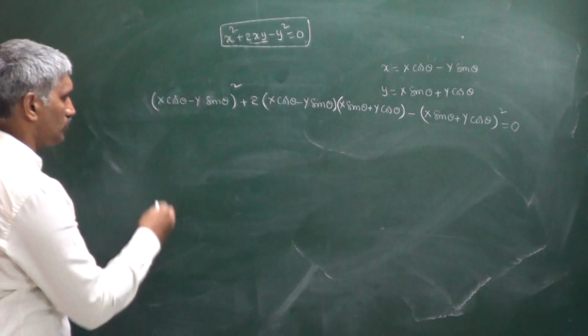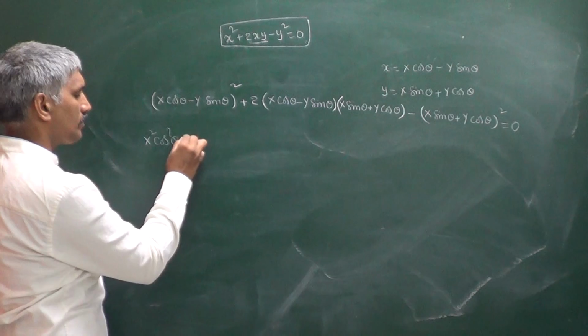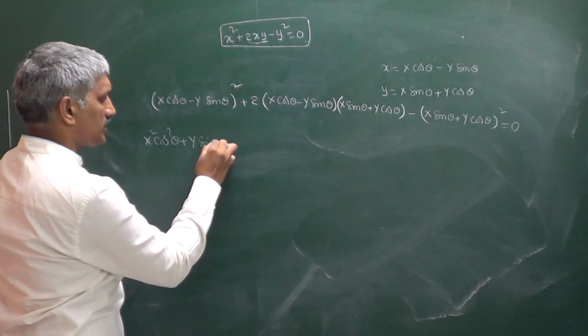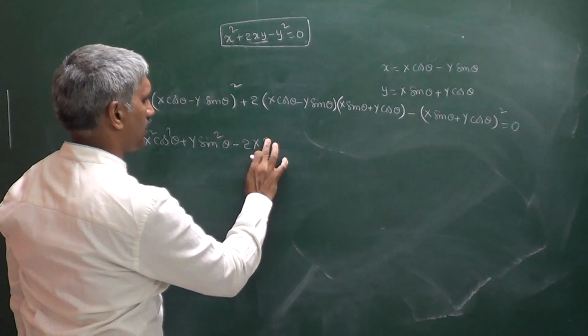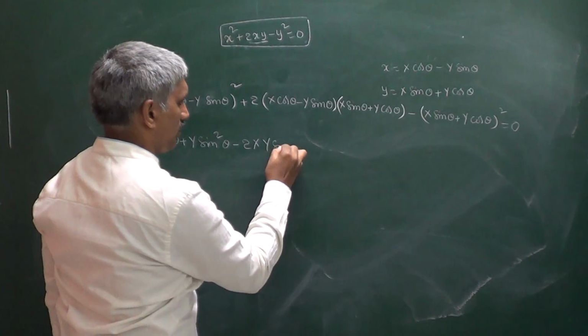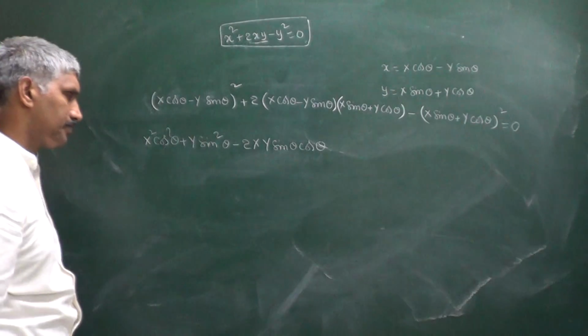minus y square, (x sin theta plus y cos theta) whole square, is equal to 0. Now simplify this one. x square cos square theta plus y square sin square theta minus 2xy sin theta cos theta.